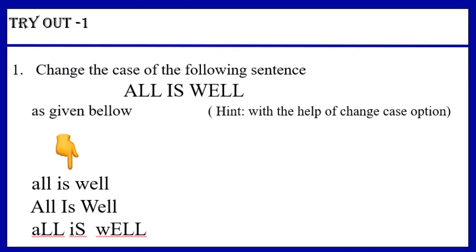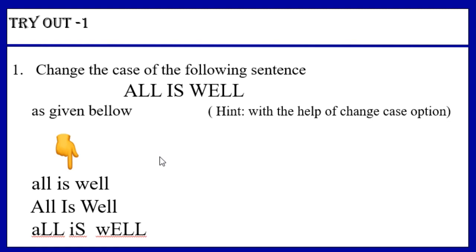Children, here is an activity for you. First one, change the case of the following sentence, All is well, as given below. With the help of change case option, you can do it, children. As I have explained earlier, there are 4 types of case conversions, that is uppercase or capital as we say, lowercase, capitalize first letter of each word, toggle case.